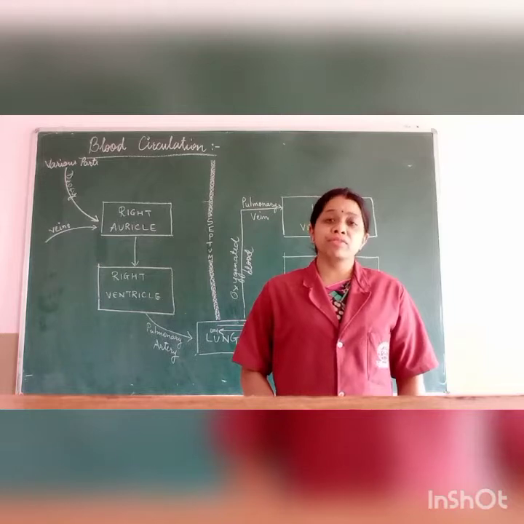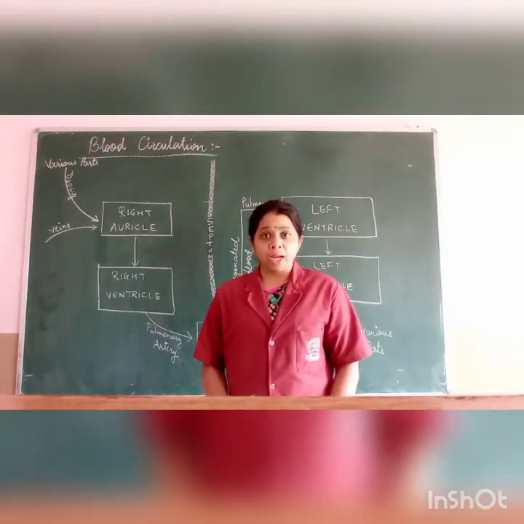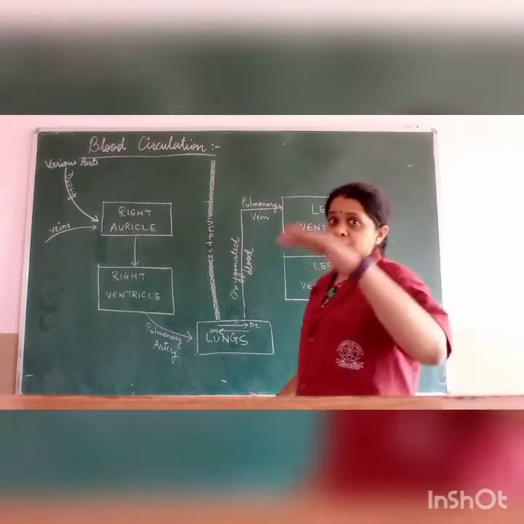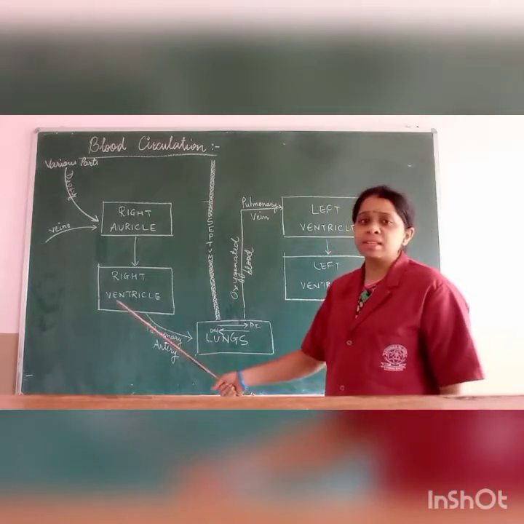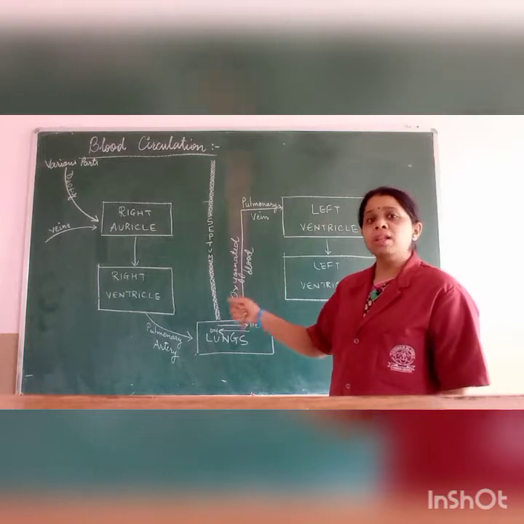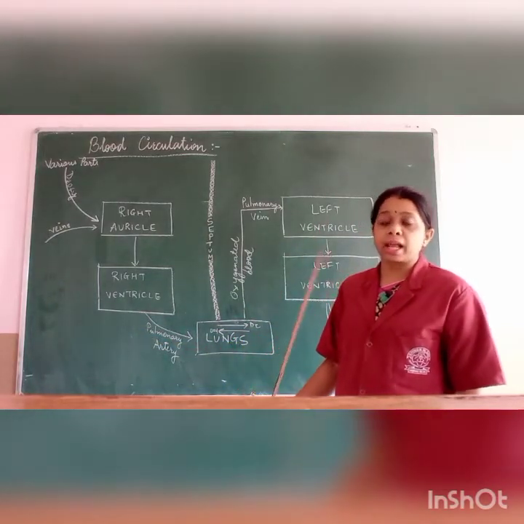I even told you that the heart is 4-chambered, and the upper ones are called auricles and the lower ones are called ventricles. They are the right auricle, left auricle, left ventricle and right ventricle.